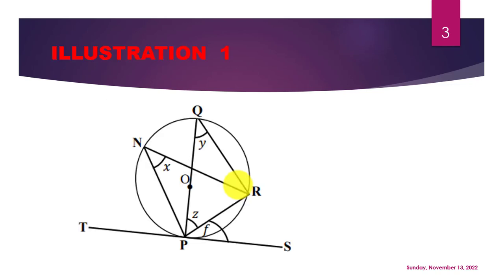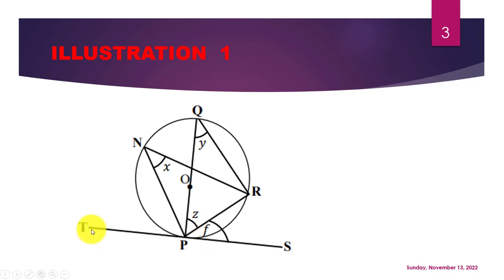Let me go back to the diagram. We are saying that PR is a chord, and line PS is a tangent. And this tangent, that is line PS, meets the chord PR at point P.